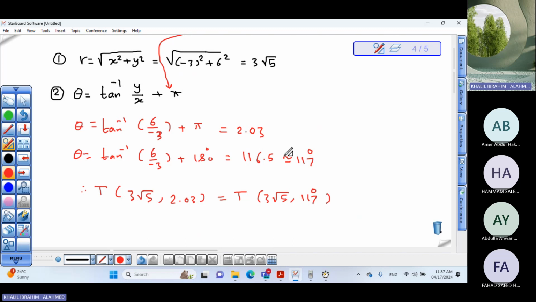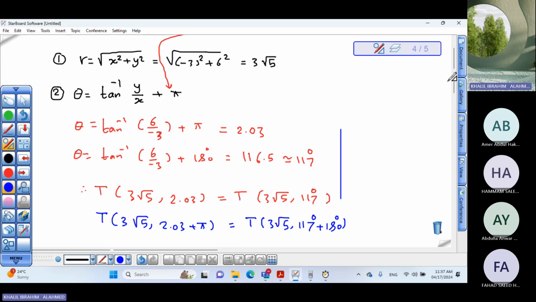If we want a second representation for point T, we can add pi. So another representation is T (3 radical 5, 2.03 plus pi), or T (3 radical 5, 117 plus 180 degrees).